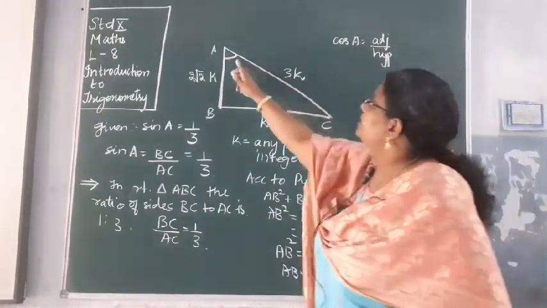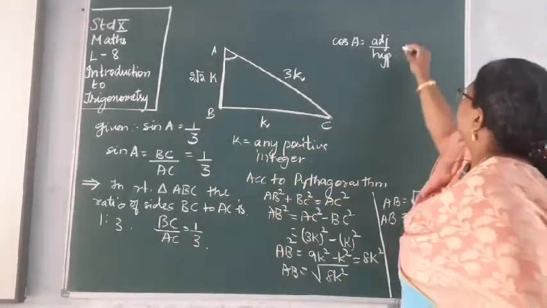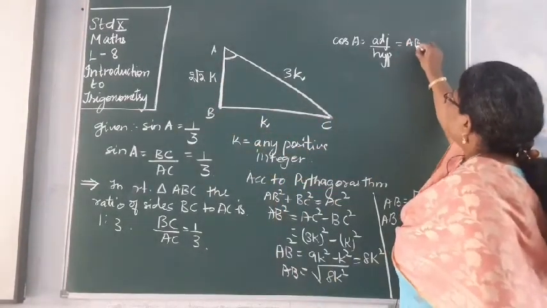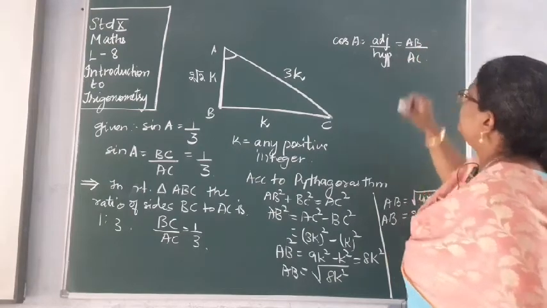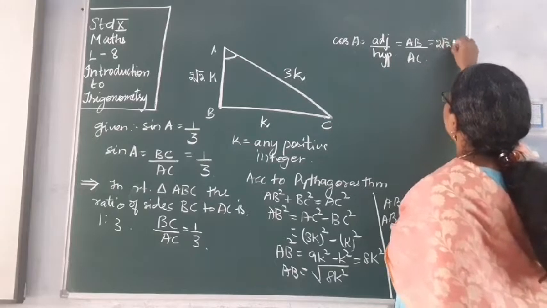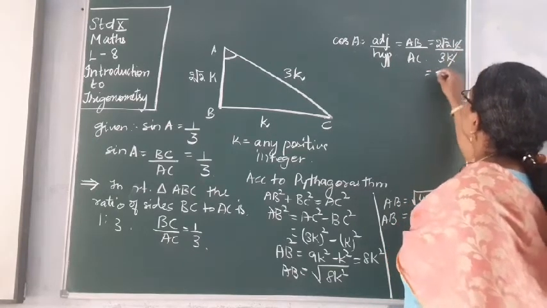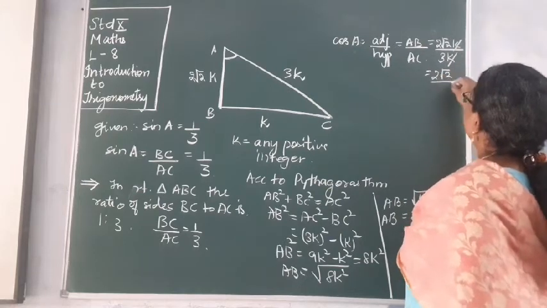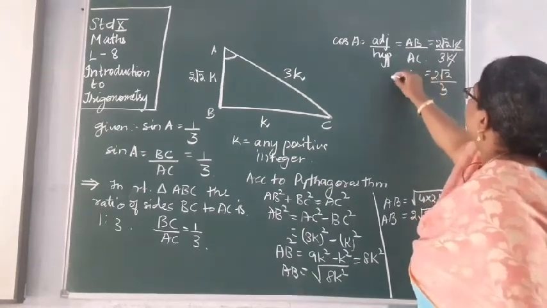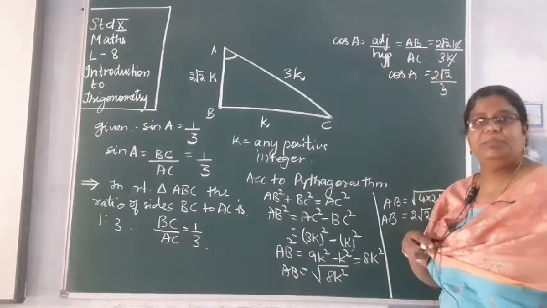Now what is the adjacent side with respect to A? It is AB. So that is AB by AC. What is the value of AB? It is 2 root 2k by AC. It is 3k. So k cancels out. So you have 2 root 2 by 3 as your cos A. ठीक है, cos A मिल गया.